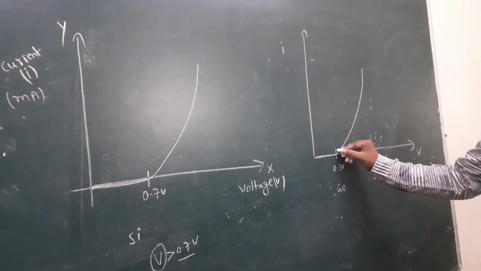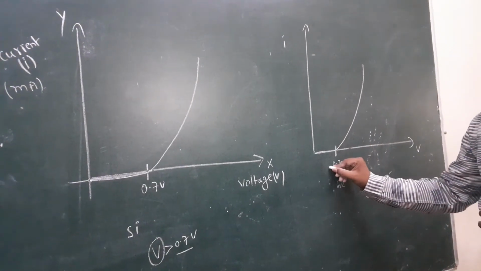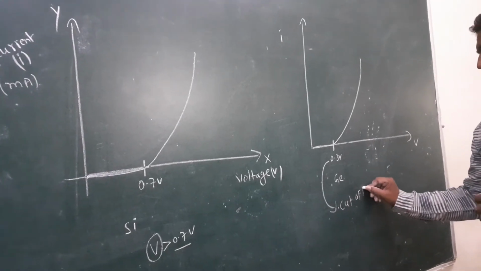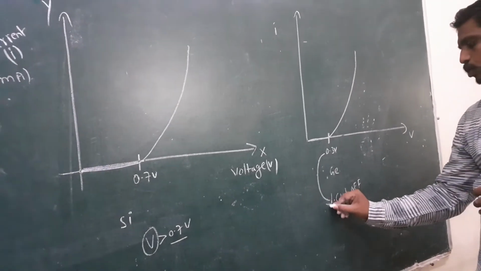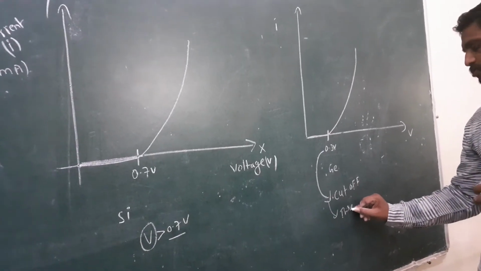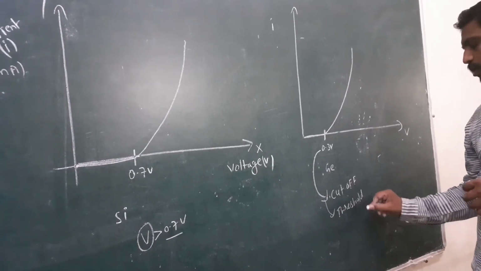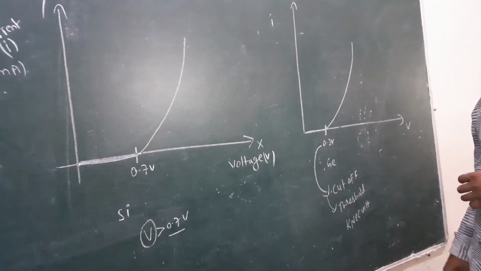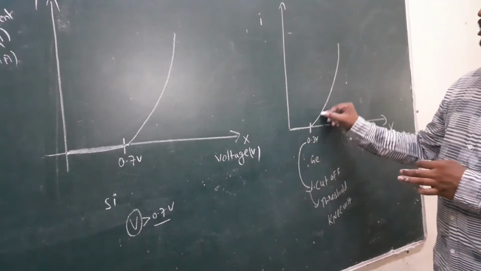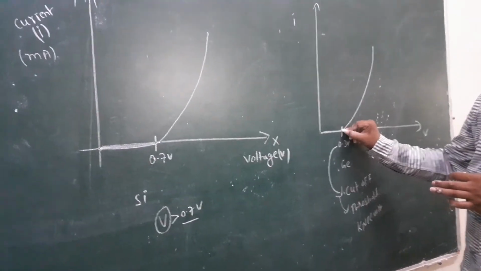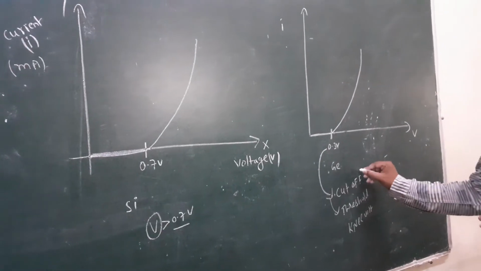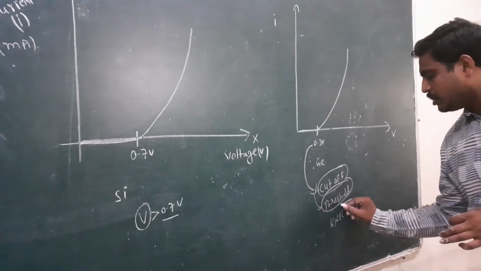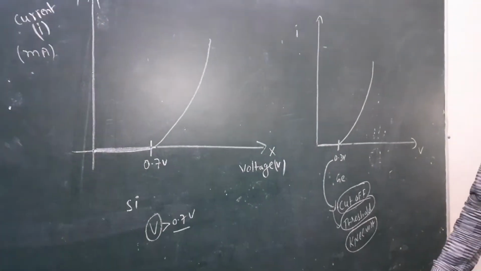This voltage is called the barrier voltage, cutoff voltage, threshold voltage or knee voltage. The voltage at which current starts is called the cutoff voltage, threshold voltage, or knee voltage in the forward bias.